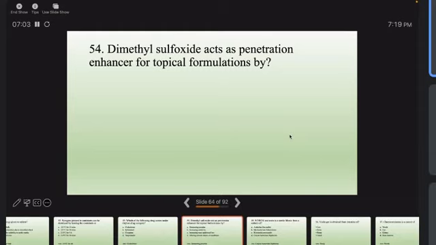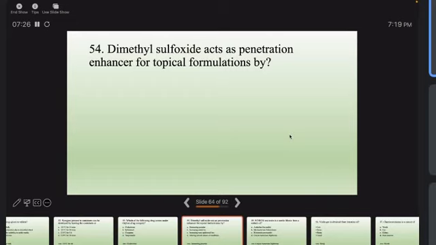It may be written as DMSO. We can probably see it in our moisturizers, in our sunscreens, and in topical formulations, especially if you have corticosteroids in it, then DMSO is mostly present.